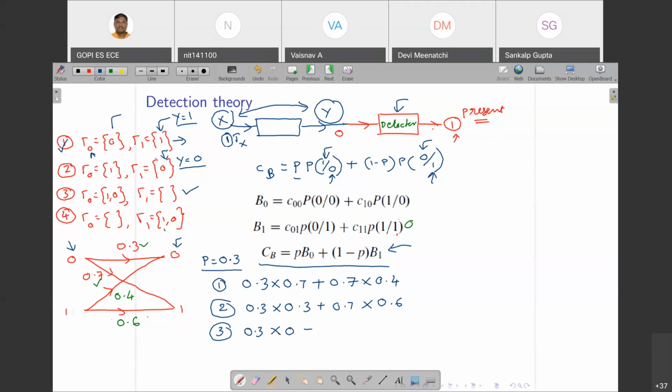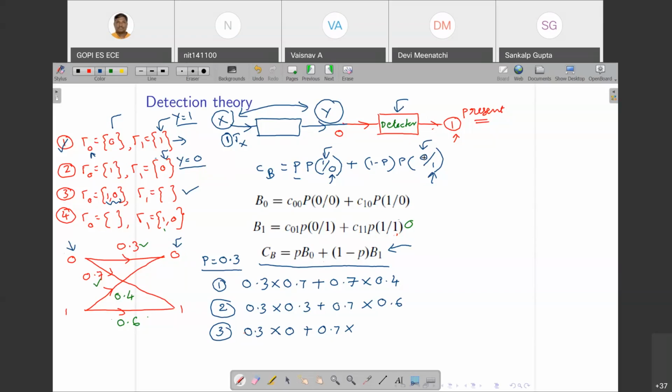0 plus then 0.7 into, and when the detector says that it is 0, in both the cases, when you receive 0 or 1, it doesn't matter, right? In all the cases, the detector is going to declare it as 0. In the receiver section you get either 0 or 1, so your y values are going to be either 0 or 1, and in both the cases you are going to declare that it is 0.